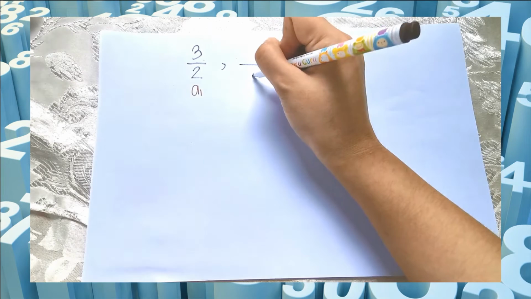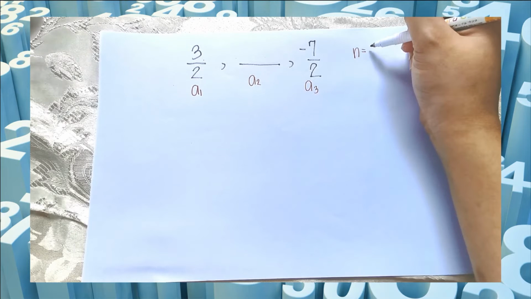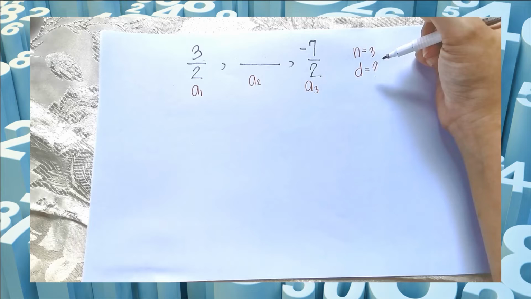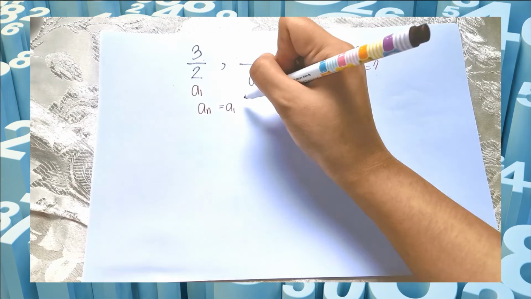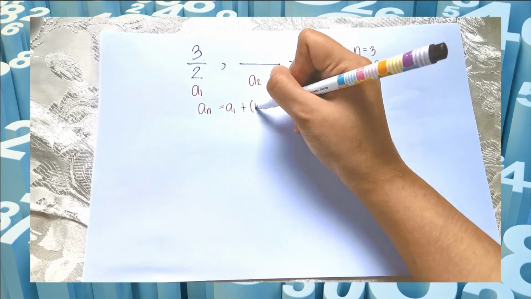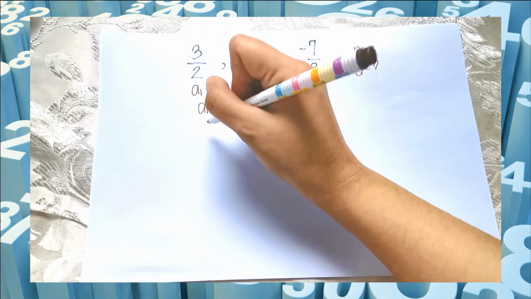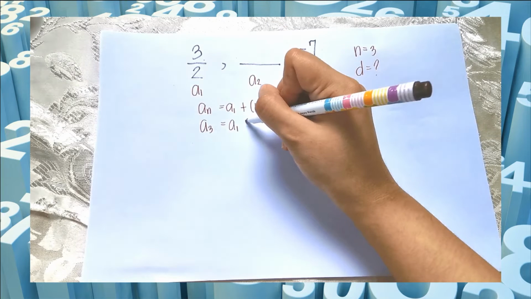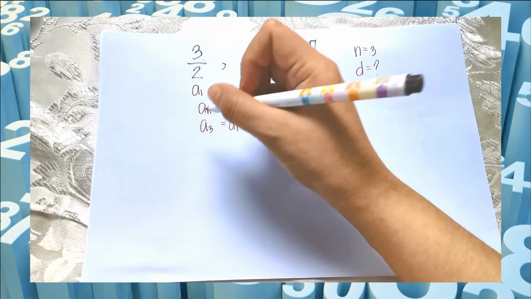We have the first term, the missing term, which is the second term, and the third term. To get the common difference, we will again use the nth term of an arithmetic sequence. a sub n equals a sub 1 plus n minus 1 times d. By substitution, we have a sub 3 equals a sub 1 plus n minus 1 times d.